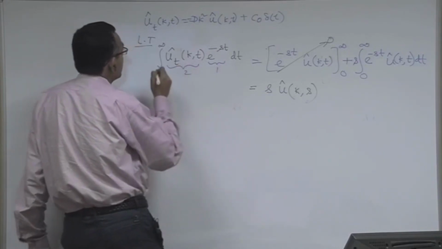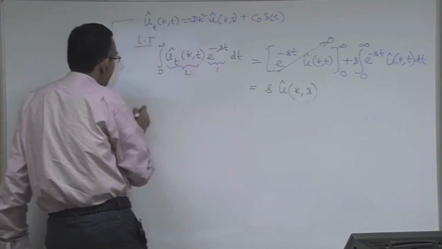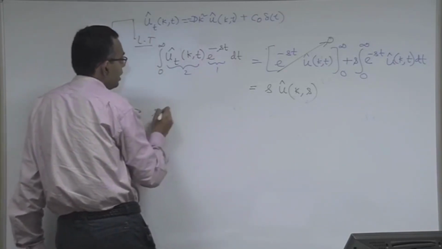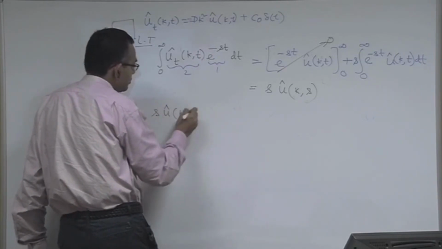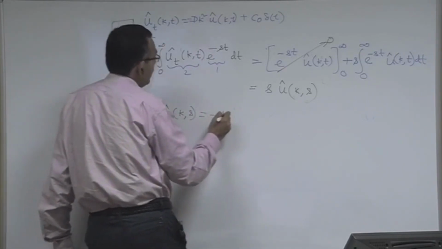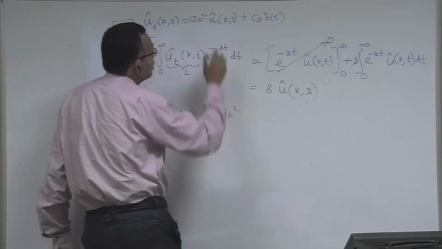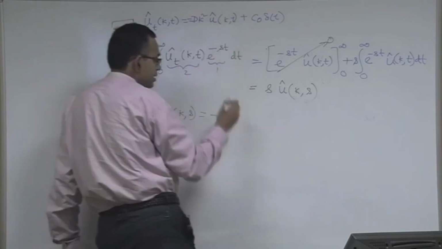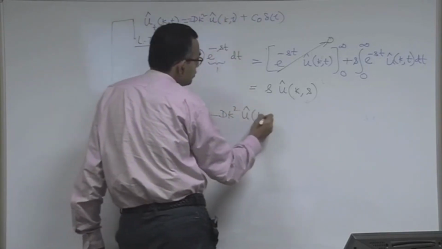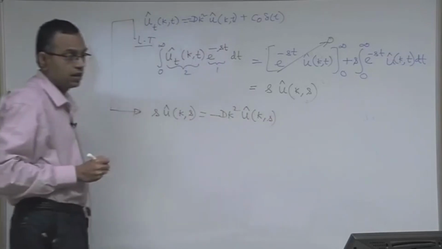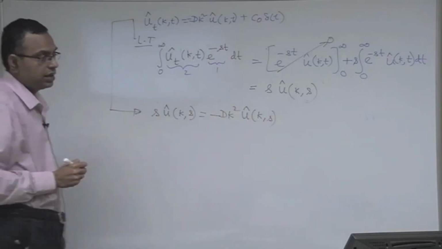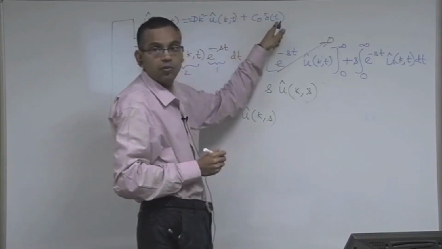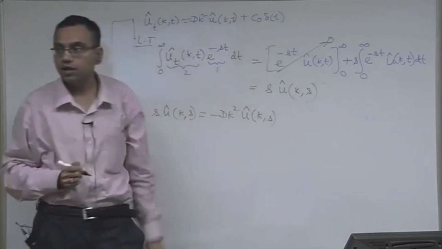And so if you take the Laplace transform now of this equation, this will become s u hat k s is equal to minus d k square, Laplace transform of u hat k t will become u hat k s, and Laplace transform of delta will become 1, that is the unit step function.